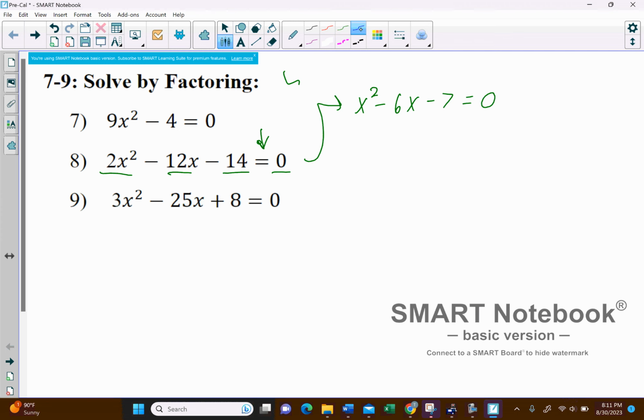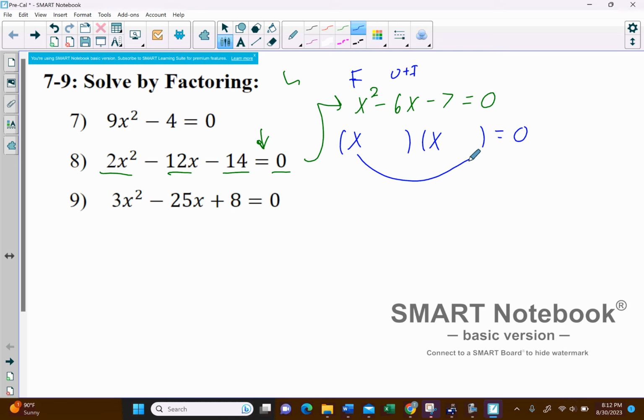Basically what we're going to do is the opposite of FOILing. If you remember FOILing, that's when you have two binomials being multiplied together. The first two values getting multiplied together create that x squared, so that would just be an x and an x. Then the minus 6x is the outer plus the inner being added together.